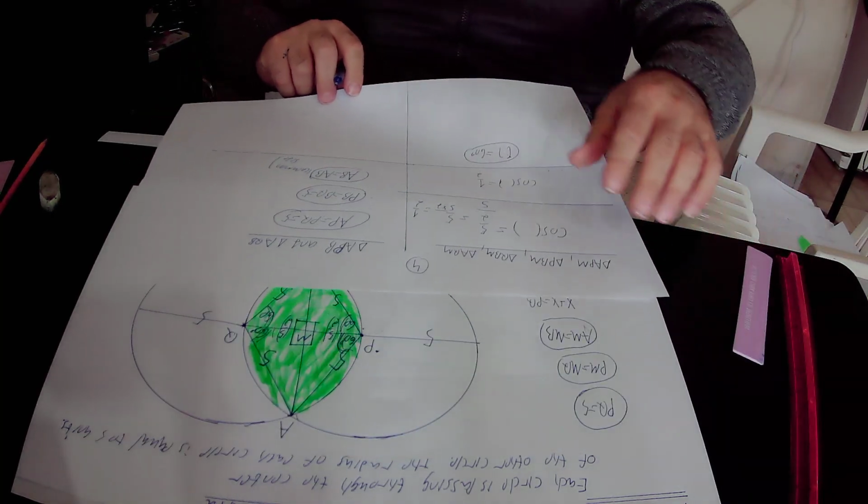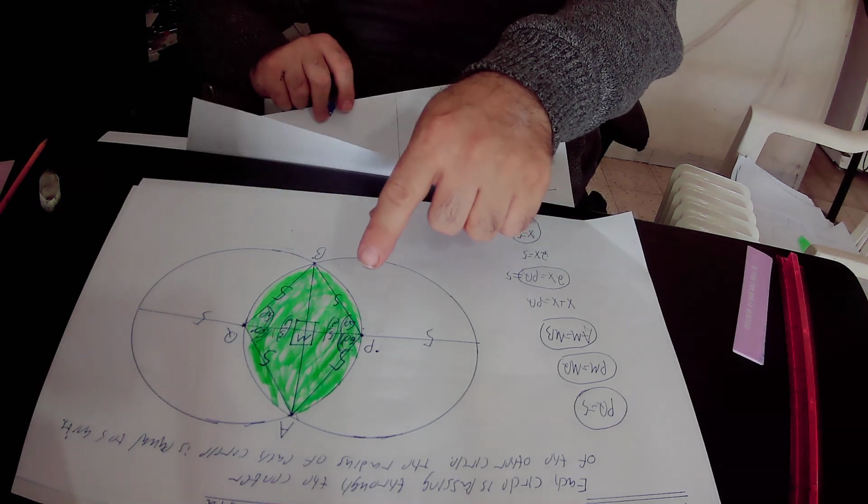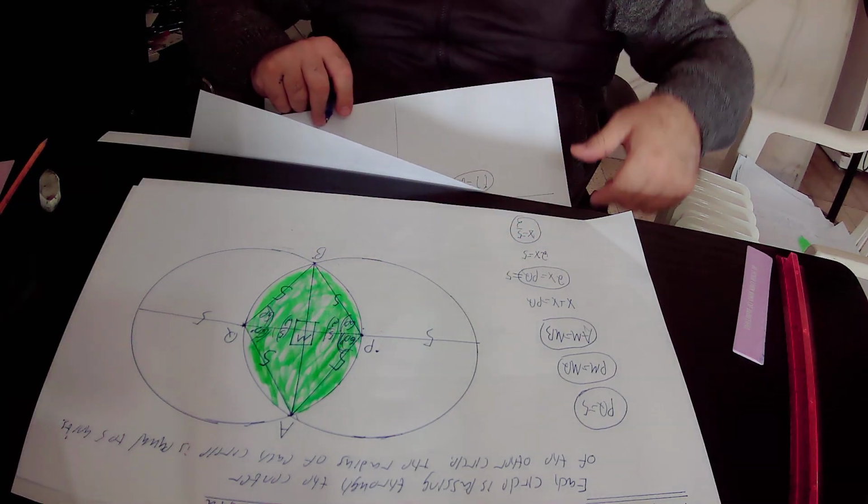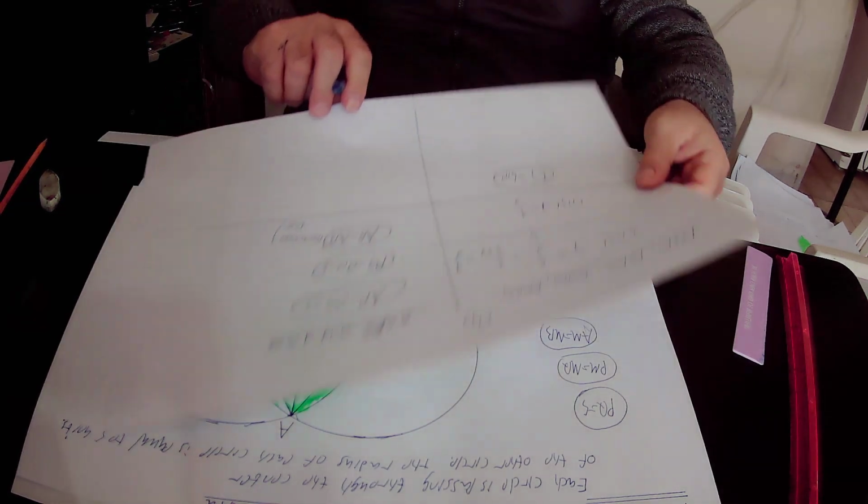Okay, so we actually proved that triangle APB can go into triangle AQB according to the side rule.